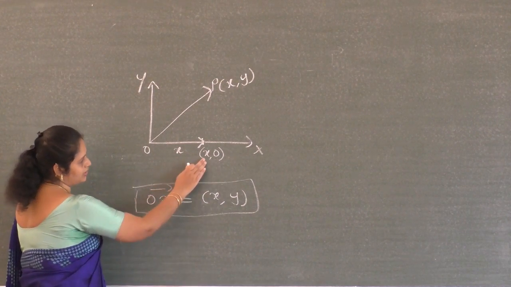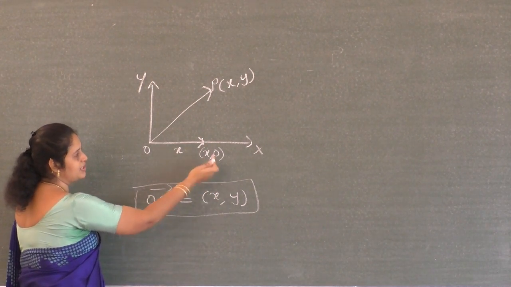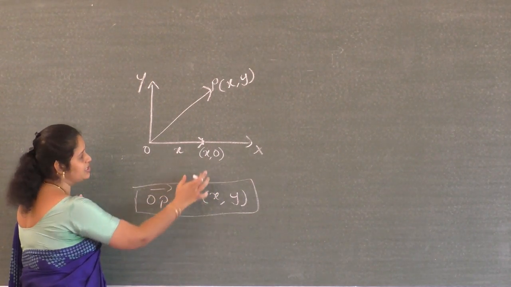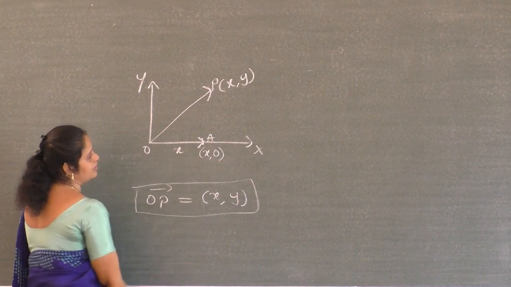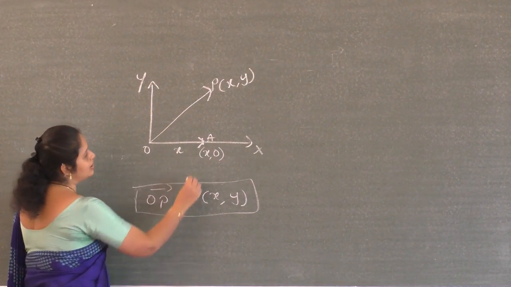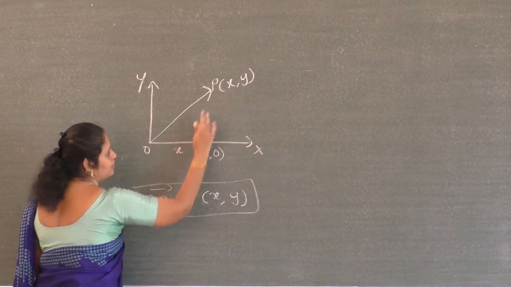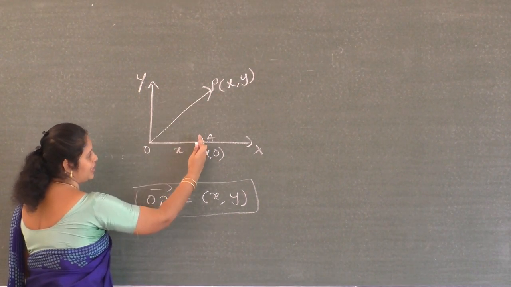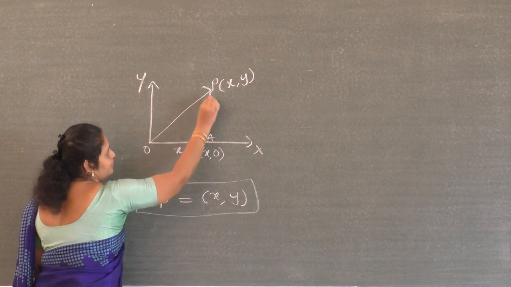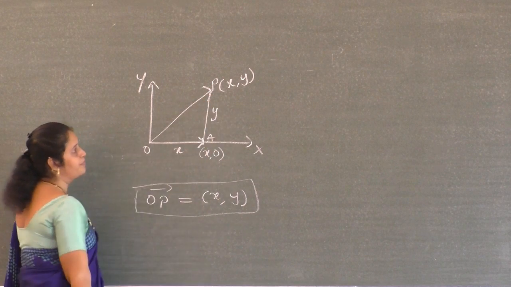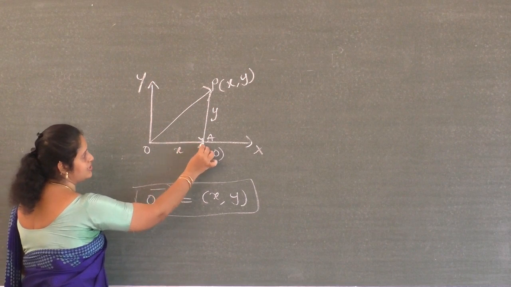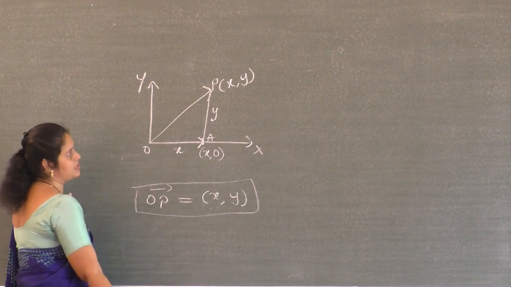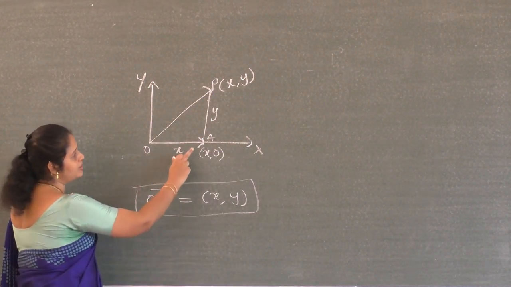This is also a vector because we can represent any ordered pair as a vector. Then x comma y moves y distance in the y axis. This is equal to y. Therefore first in the x axis x distance, in the y axis y distance, we get this.